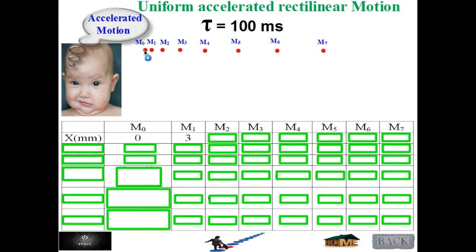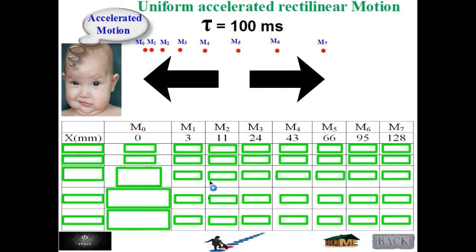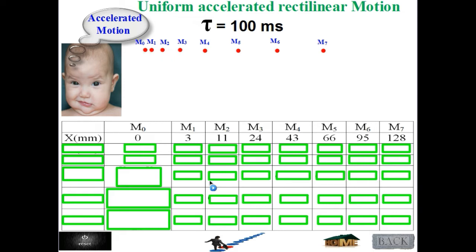Using a ruler, the distance from M0 to M1 is 3 millimeter, from M0 to M2 is 11 millimeter, from M0 to M4 is 43 millimeter, from M0 to M5 is 66, and so on to M6, 95, and to M7 it's 128. Of course, we have reading error. We will try to eliminate as much as we can my reading error.